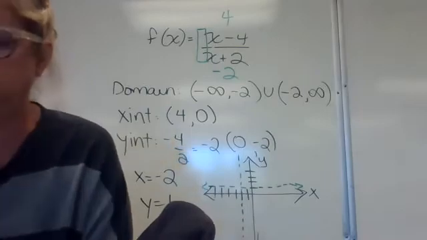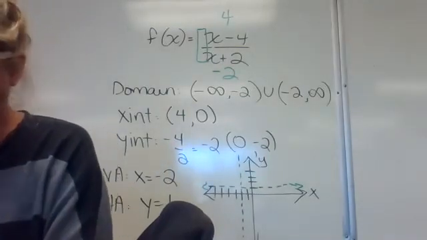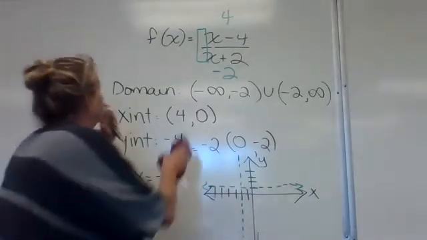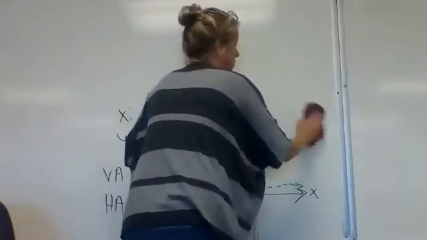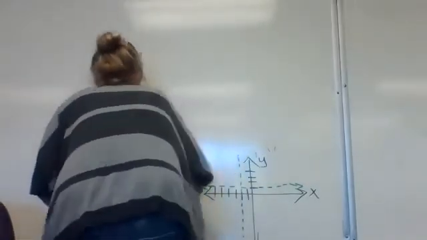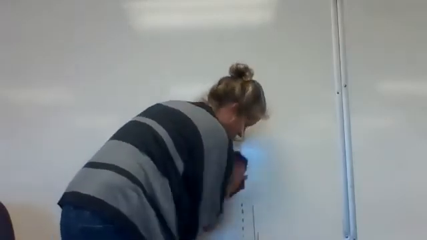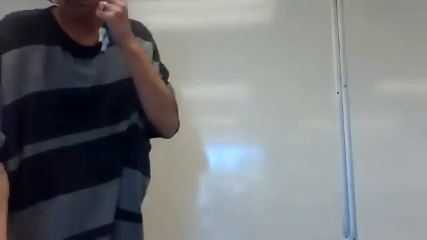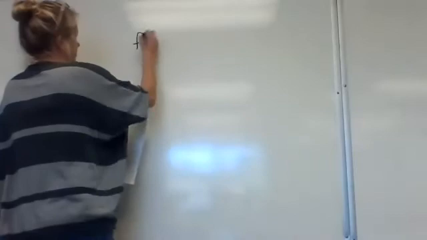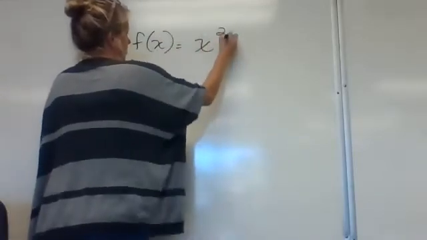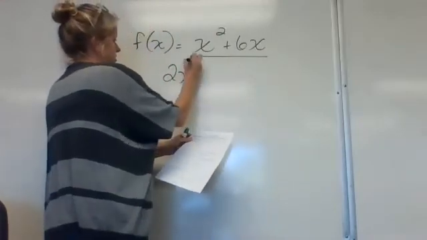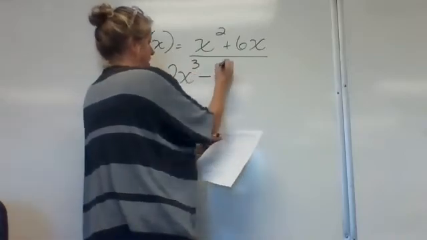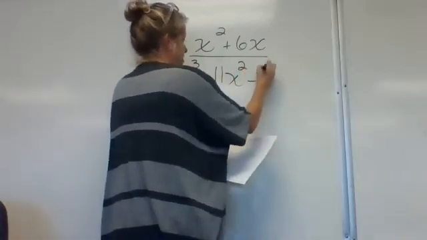All right, last one. F of X equals X squared plus 6X over 2X to the third minus 11X squared minus 6X.